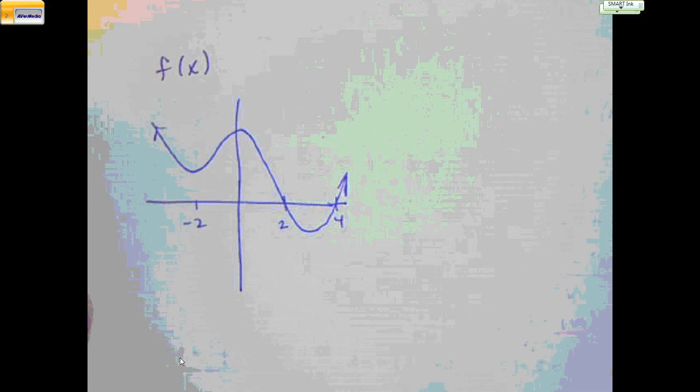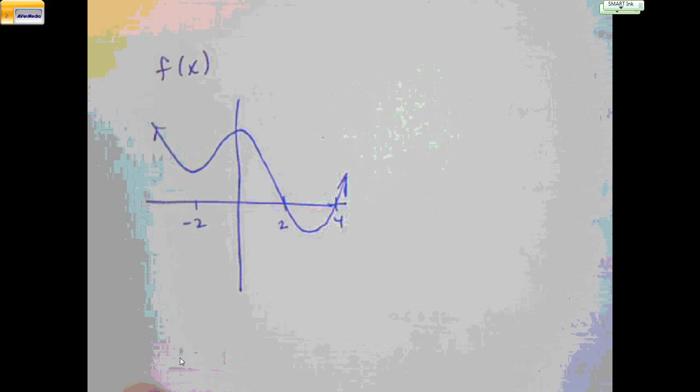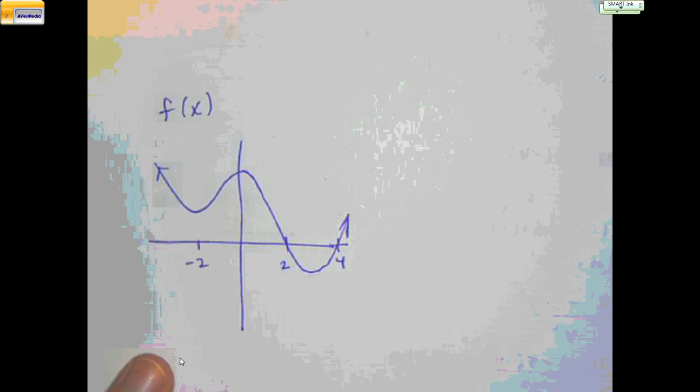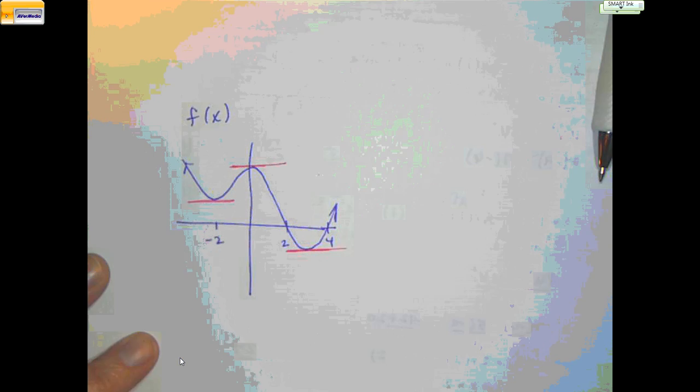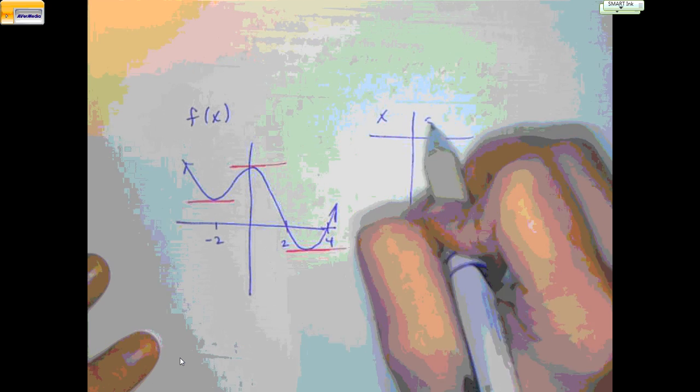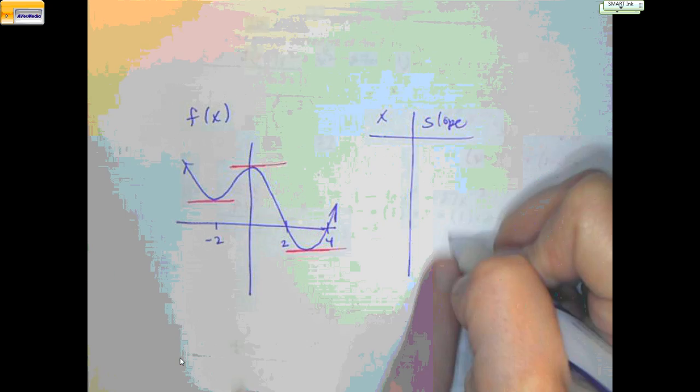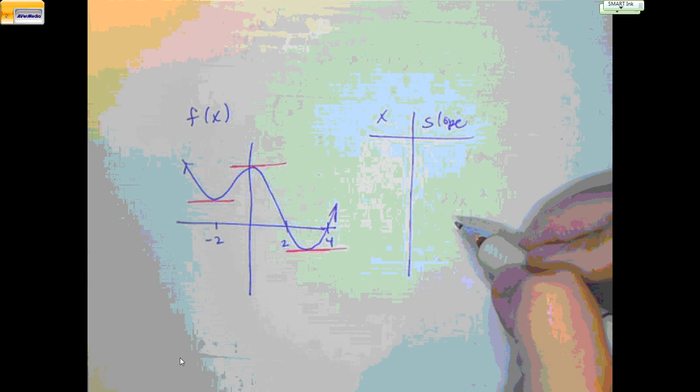So it looks like this. I think what is smart, if it's asking for the derivative, is to look everywhere you're going to have a horizontal tangent line, which is going to happen here, and here, and here. Remember, if I make a t-chart of this graph, the slope over here is going to become the y value for the derivative graph.